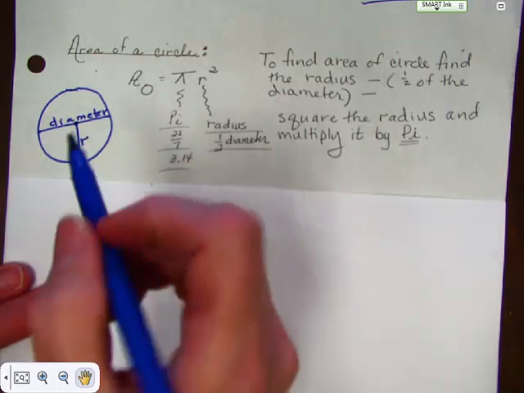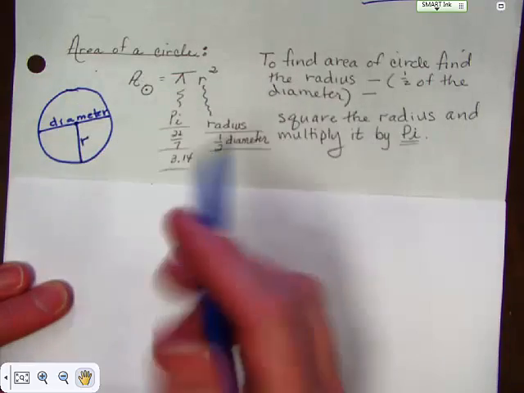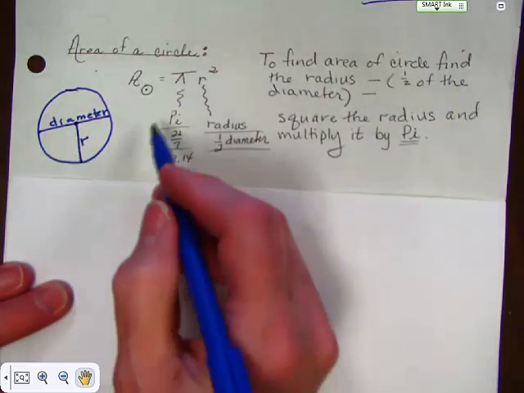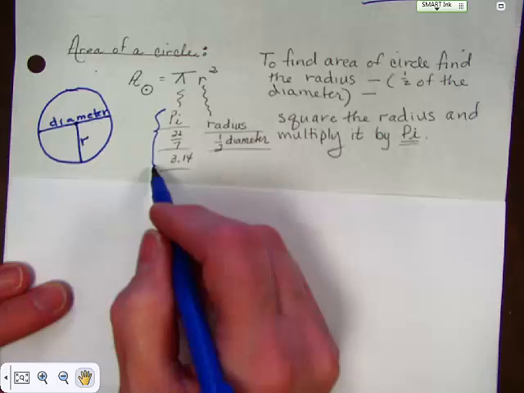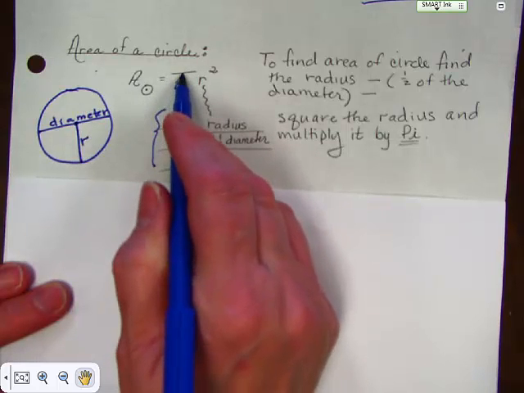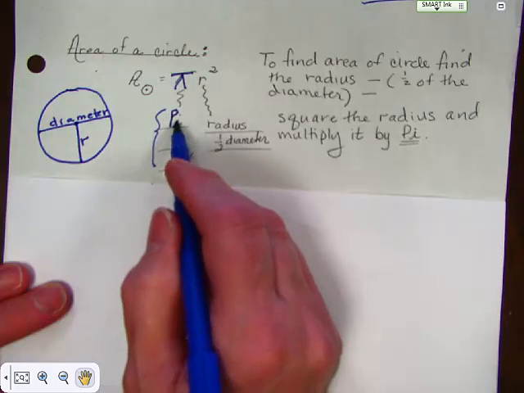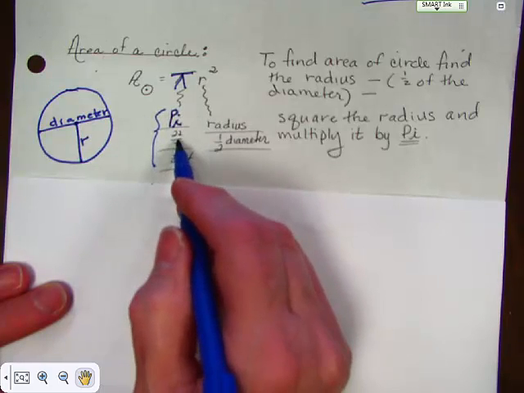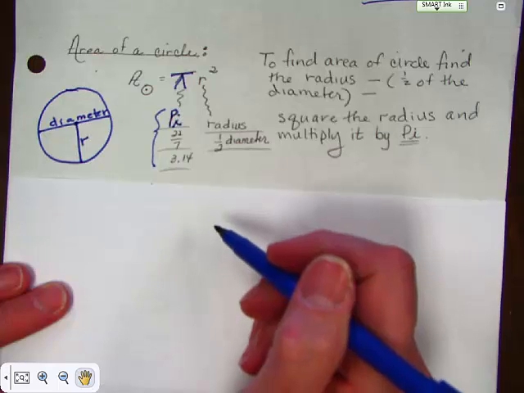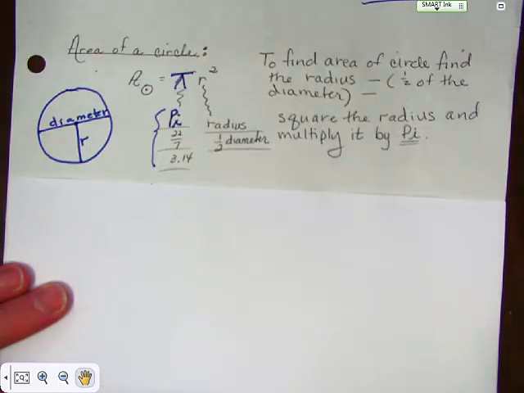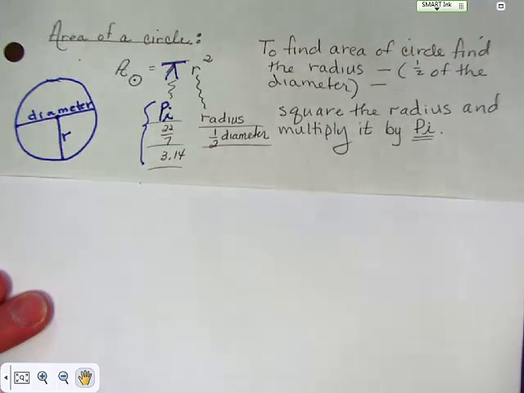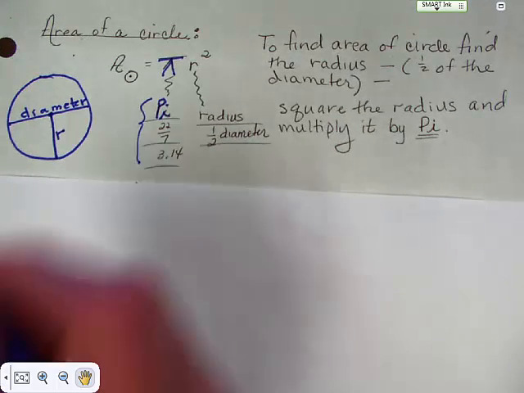So the area formula for a circle is pi, which can be represented in many ways. Pi as in this symbol, pi as in the word pi, 22/7 is pi, and 3.14 is also considered pi. Although 3.14, folks, is an approximation.